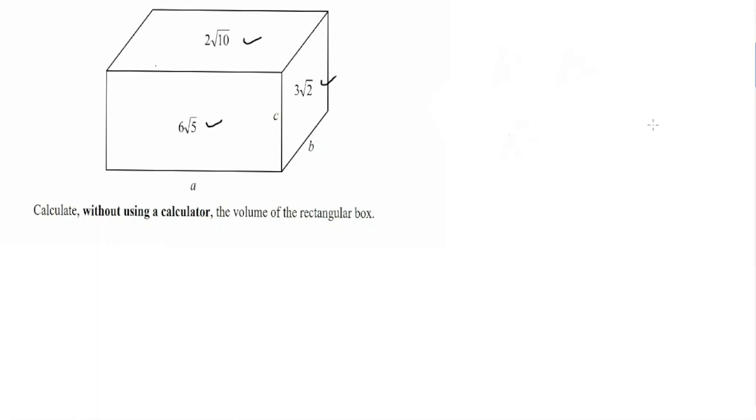So for a rectangular box, the formula for calculating a volume is volume equal to the length times the breadth times the height.